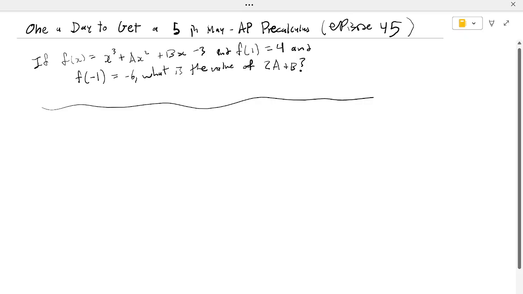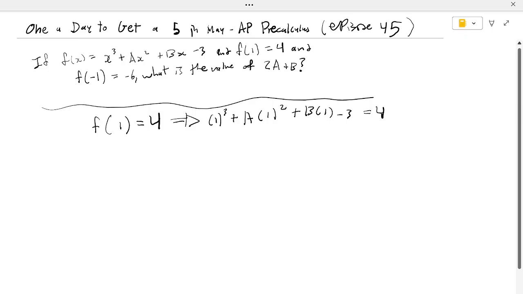Okay, so we're given that f of 1 is equal to 4. What this means is that 1 cubed plus a times 1 squared plus b times 1 minus 3 is equal to 4. Okay?